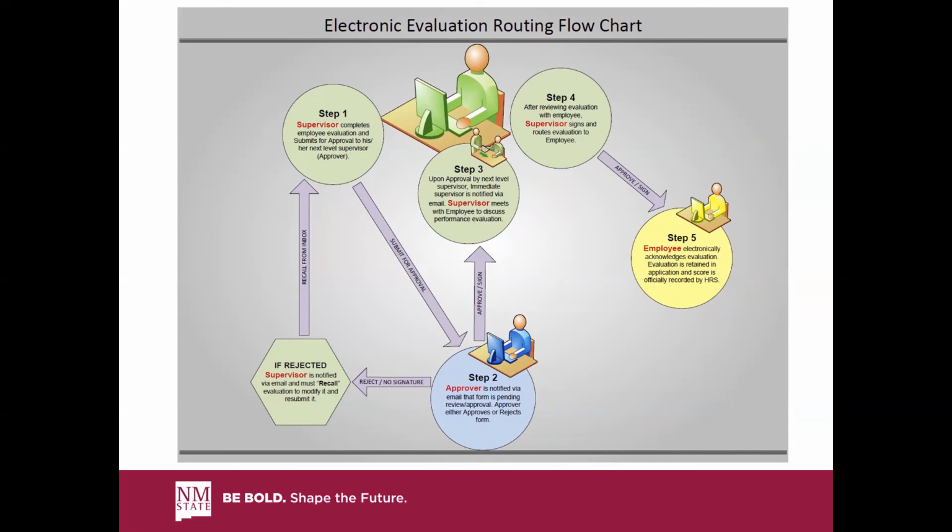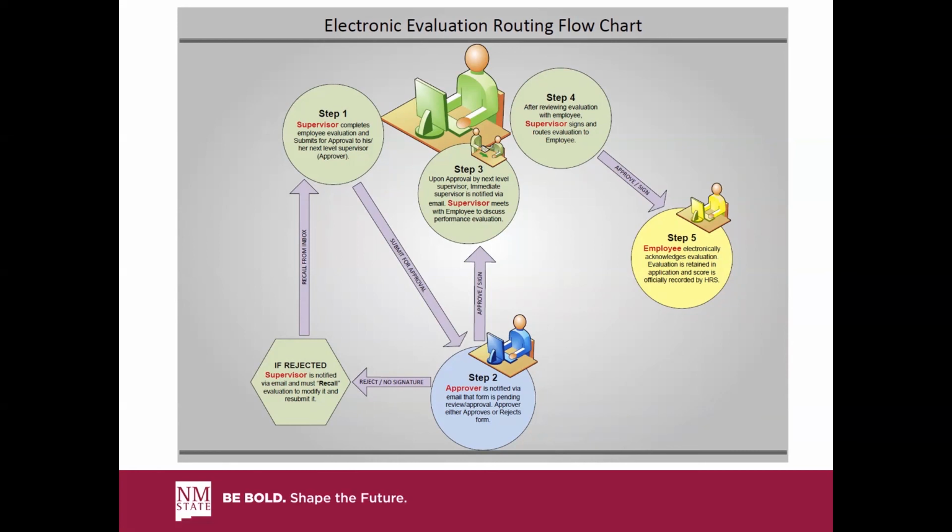The supervisor receives a notification that it's been approved and schedules a meeting with the employee to discuss the evaluation. After that meeting occurs, the evaluation is reviewed, and the supervisor signs it after that discussion, and it gets routed to the employee who electronically acknowledges the evaluation. So this whole process is what needs to occur by March 16th.